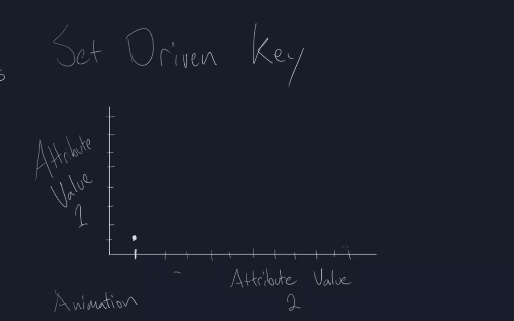When attribute value 2 is way up here, we want attribute value 1 to maybe increase, and Maya will also create animation in between the two. This is perfect for creating things like sliders, like if you actually want to have a separate control for stuff.